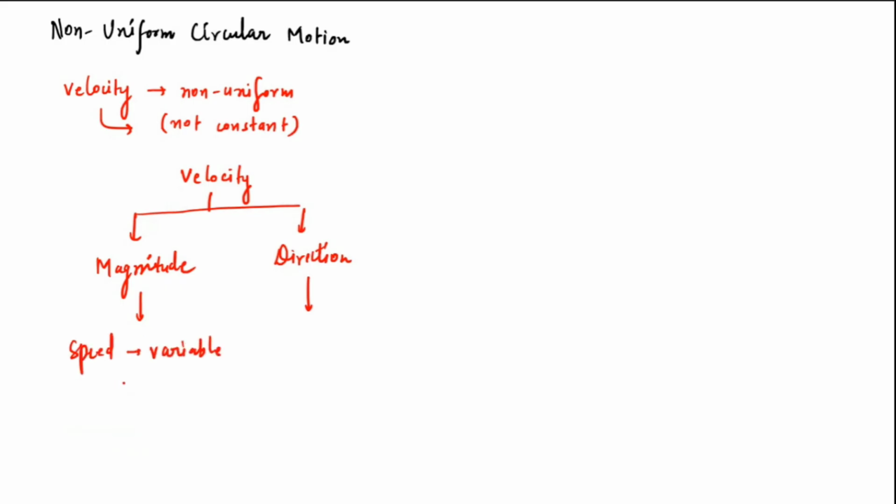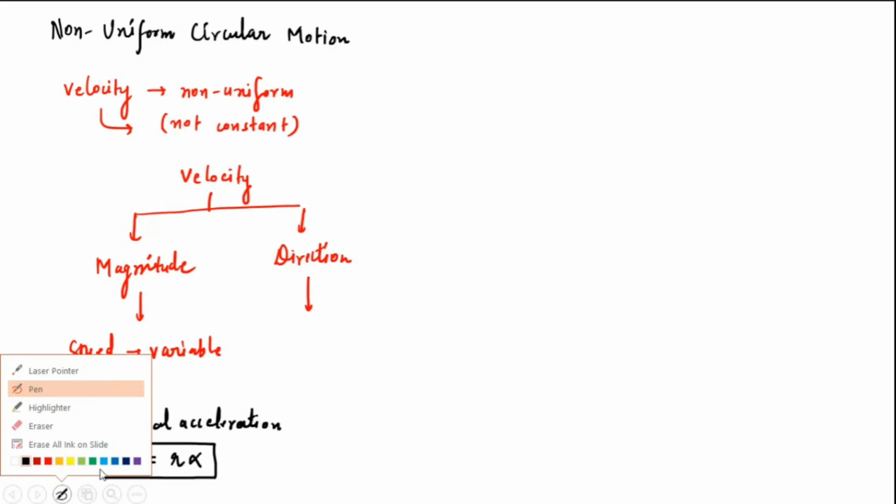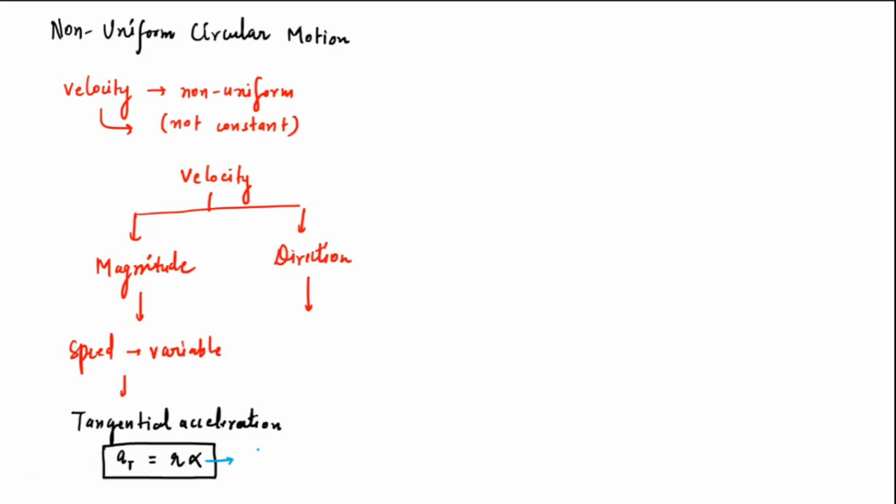And this variable speed leads to another type of acceleration, which is called tangential acceleration. This tangential acceleration is represented by a_T, and a_T is equal to r times alpha, where alpha is angular acceleration.